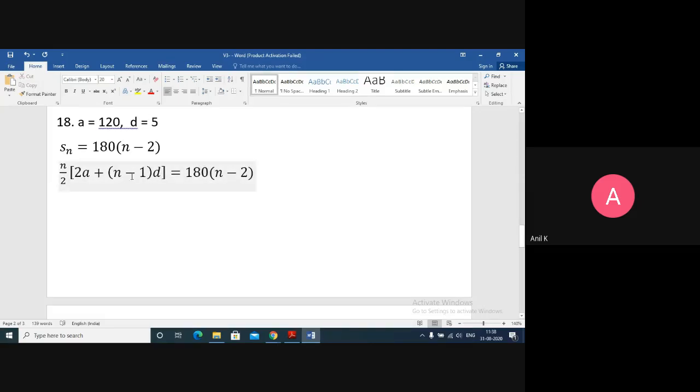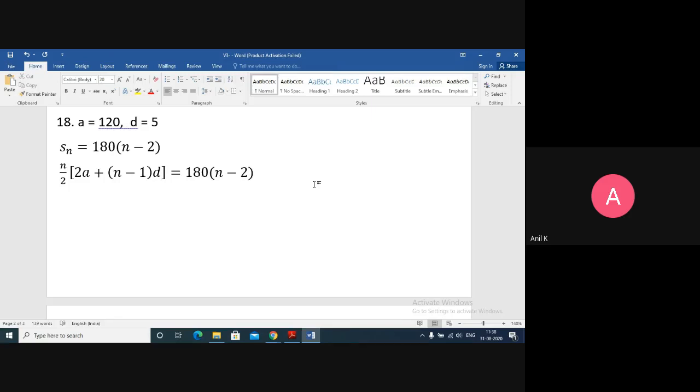After substituting A and D values, simplify this, you will get a quadratic equation in terms of n. You substitute A value as 120 here, D value as 5 here. Then simplify, you will get a quadratic equation that will give you two positive values of n. Both the answers are correct. I think our answers will come as 16 and 9.